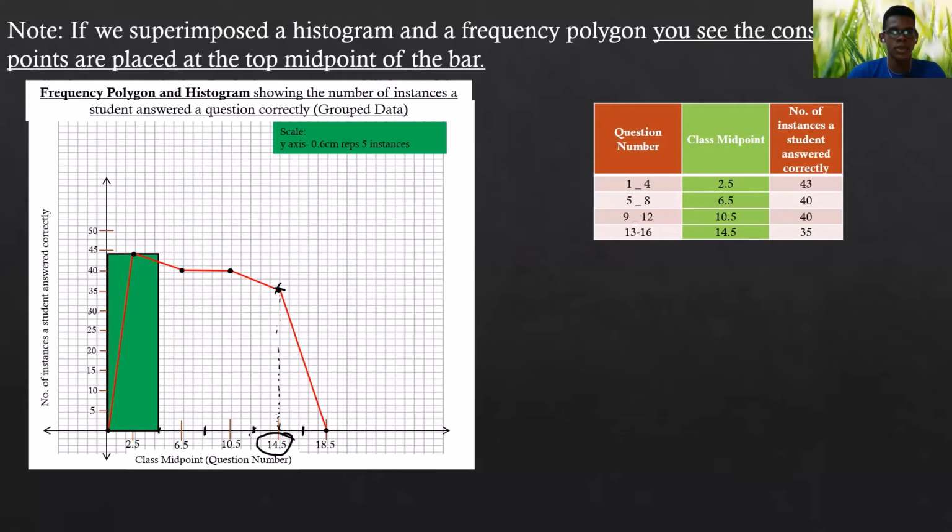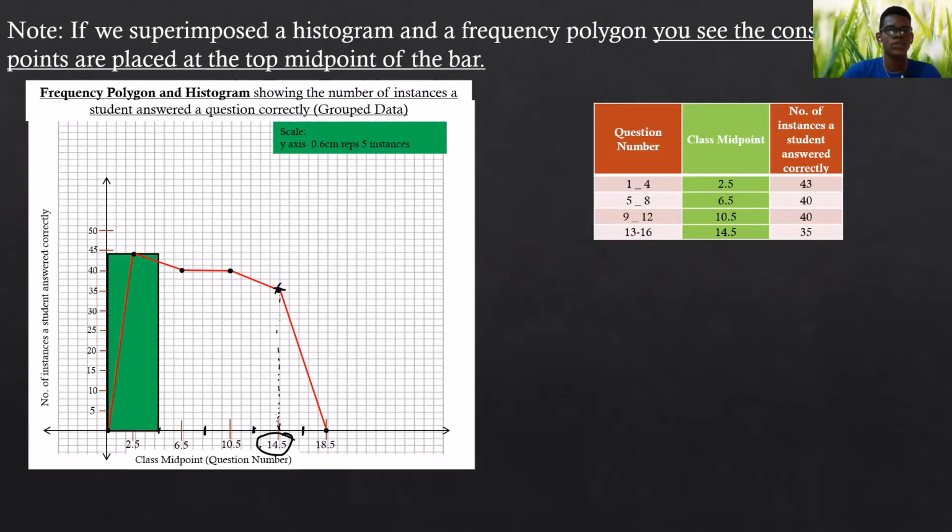Now, when you're superimposing your frequency polygon line graph on your histogram, of course, plot your frequency polygon first, and then just ensure that your midpoint is in the center of each bar.